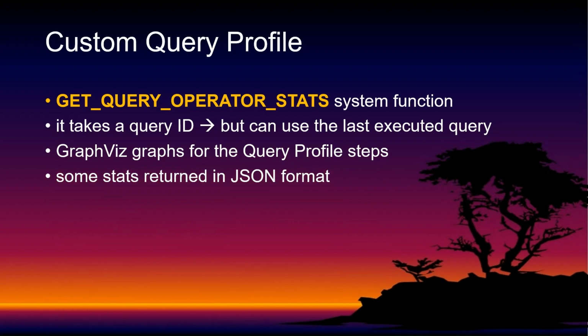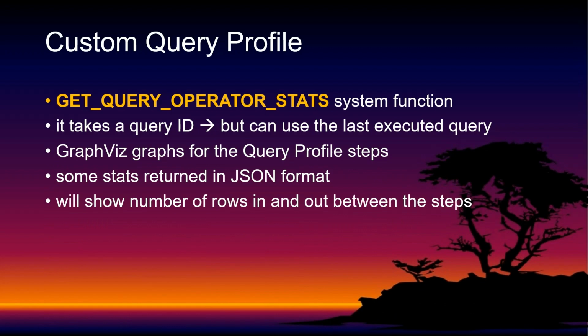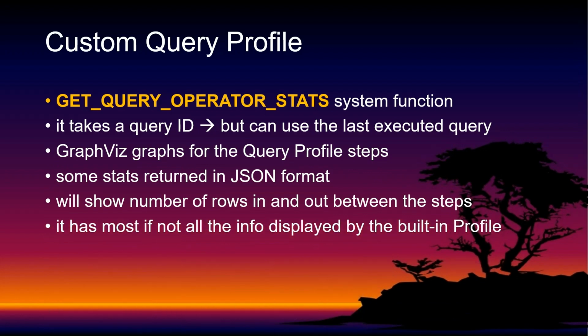Inside, we looked at the result and we've seen that some statistics are returned in JSON format. So we had to do some little JSON processing inside. Okay, so definitely, this was important for every step or operator type. We display the number of rows in, so before, and the number of rows after. Yeah, the number of rows basically between the steps.